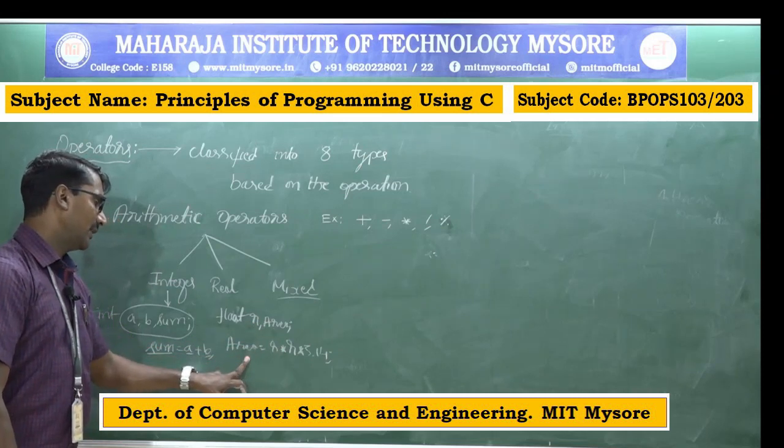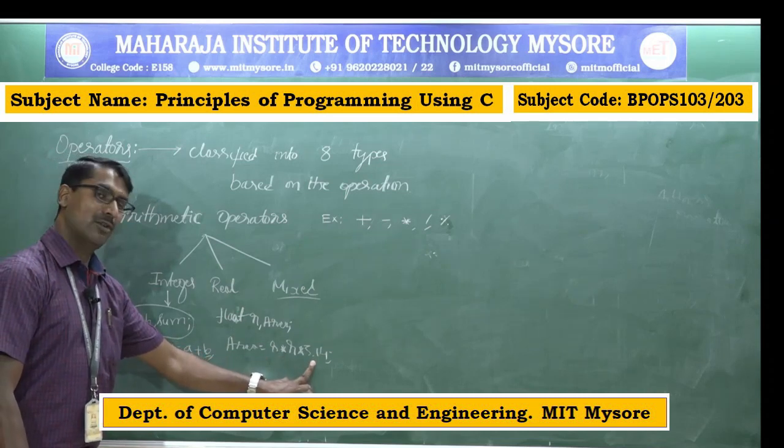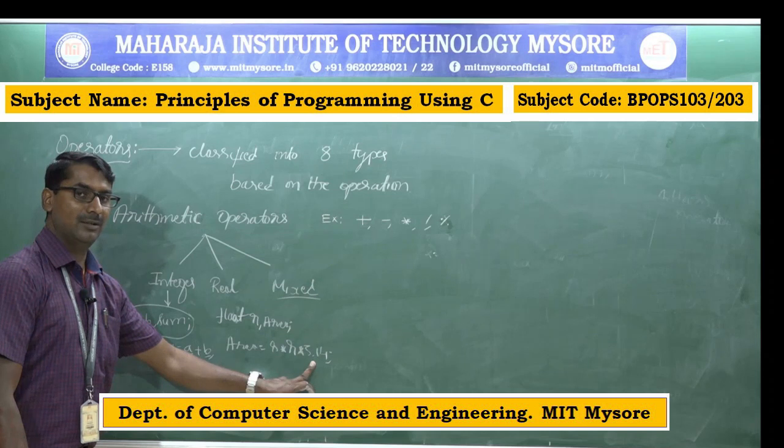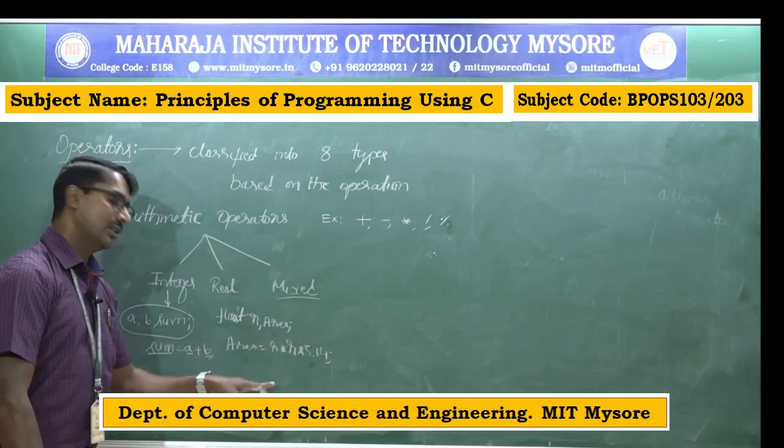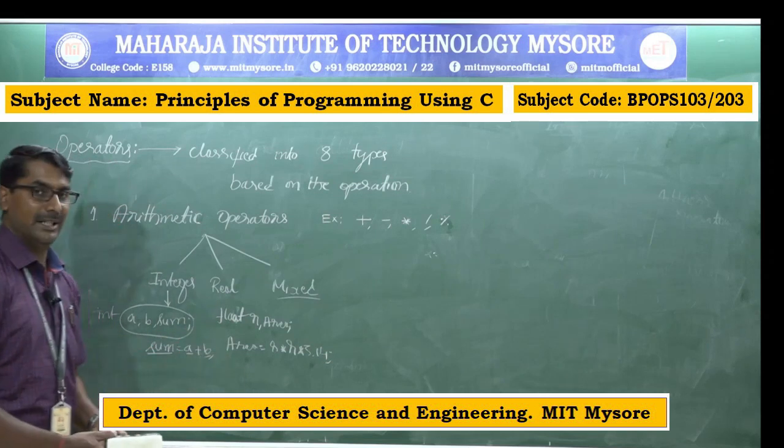The value is calculated as R into 3.14. 3.14 is also a floating point value. So this value's output is also a real value. So this is real arithmetic.